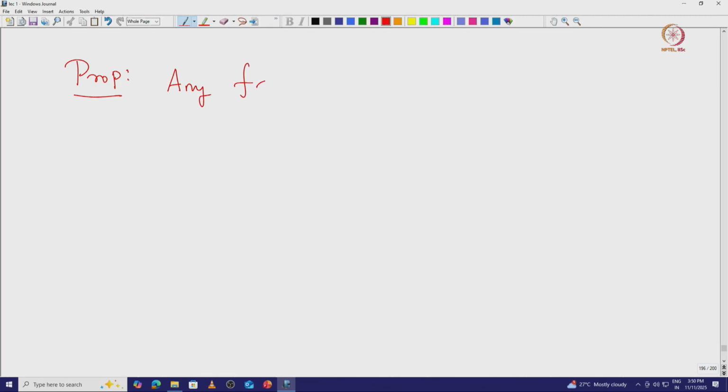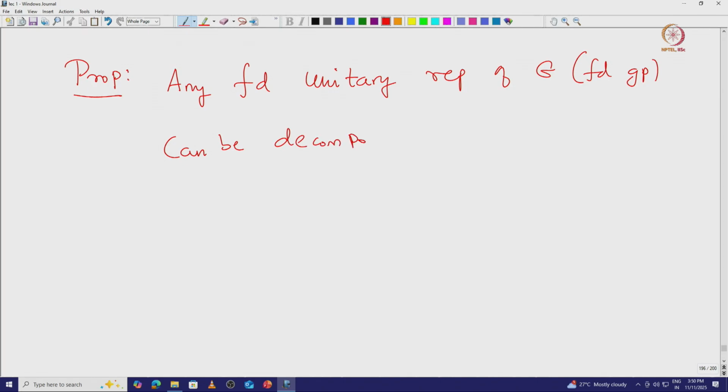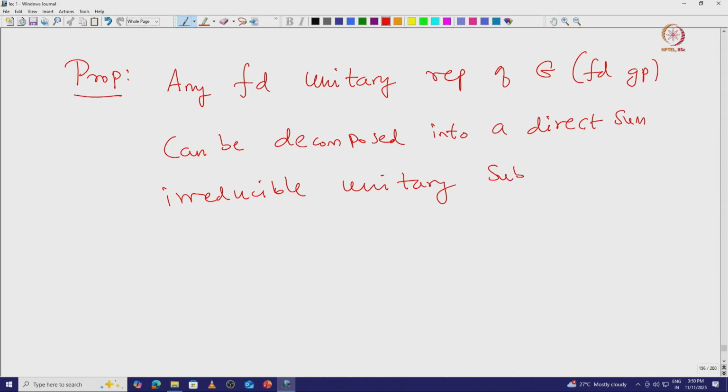So, any finite dimensional unitary representation of G, where G is a finite group, can be decomposed into a direct sum of irreducible unitary subrepresentations. So, this is what we proved using induction in the last class.